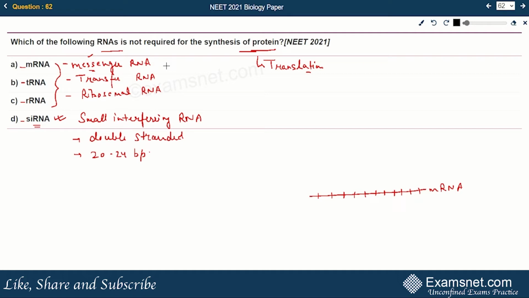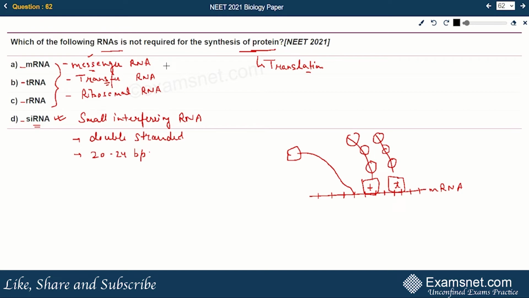What does tRNA do? As you can see here, it is transfer RNA. So it helps in transferring the amino acids on the mRNA. So suppose this is tRNA. So it will keep adding the amino acids here, one by one. And what does ribosomal RNA do?